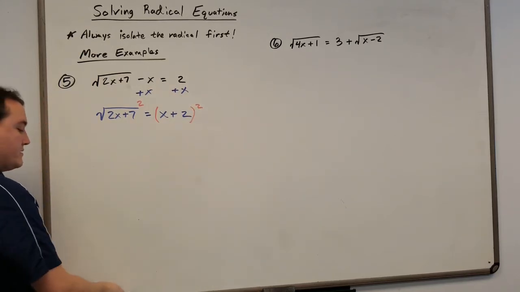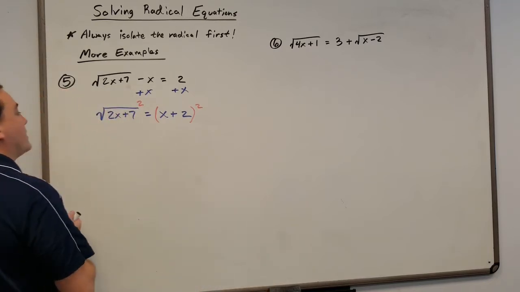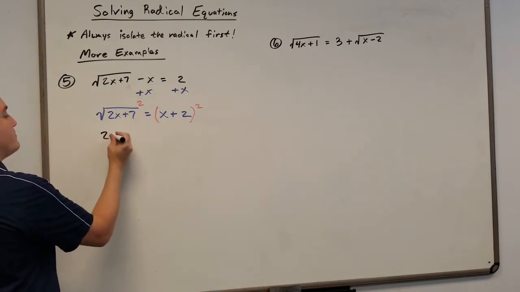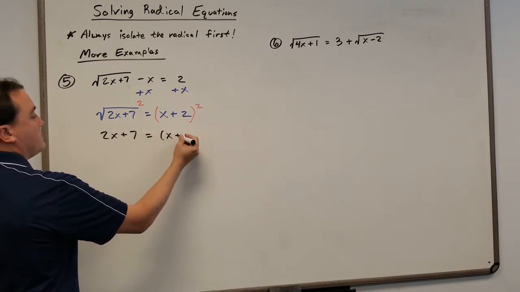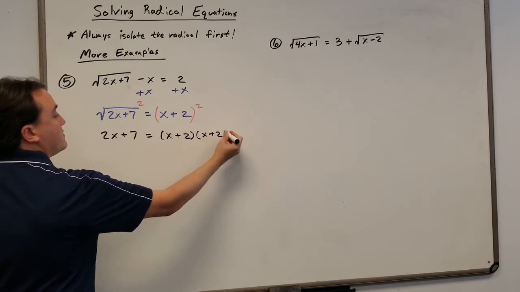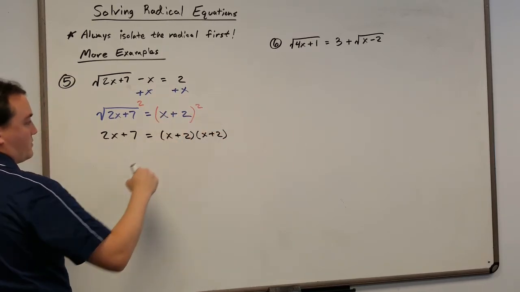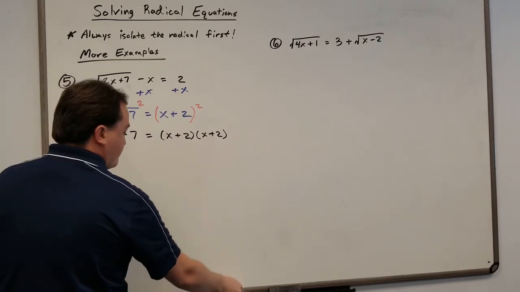But you gotta remember, we're squaring the entire side. So sadly, this comes down to FOILing. So now we have 2x plus 7 equals x plus 2 times itself. You cannot just square both terms. That is a very common mistake that people get wrong all the time.